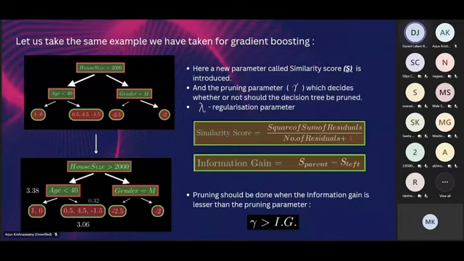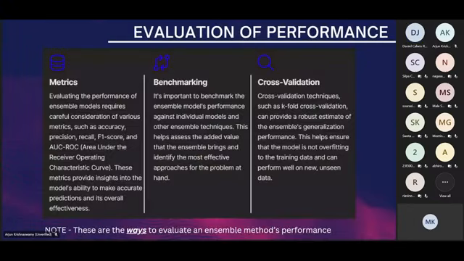Now we'll look at some different methods to evaluate the performance of ensemble methods. I'll go through it quickly because it's not exactly very important. So metrics are obviously the numbers which determine the performance of individual ensemble methods. There are lots of metrics like accuracy, R square score, F1 score, and several other metrics as well.